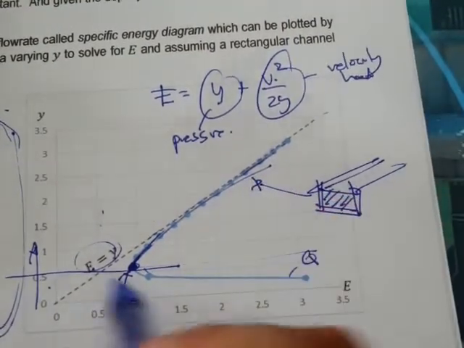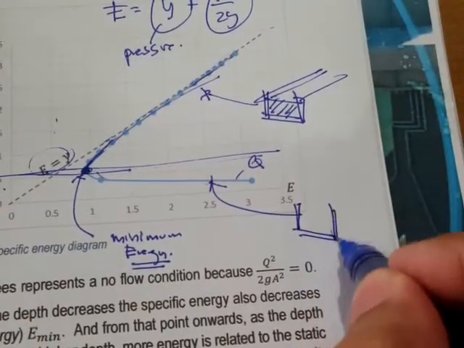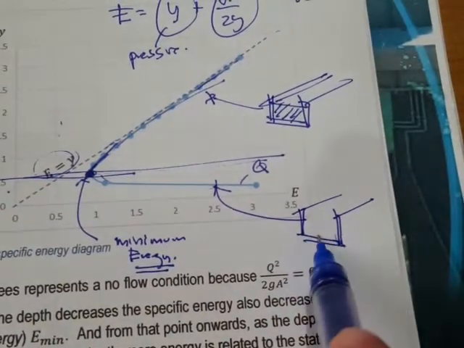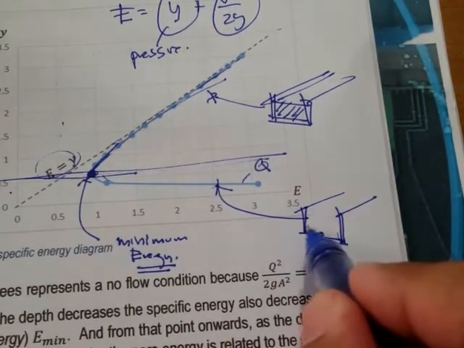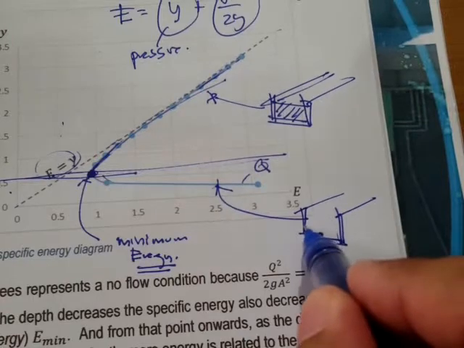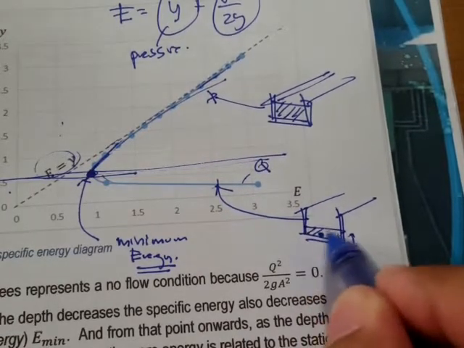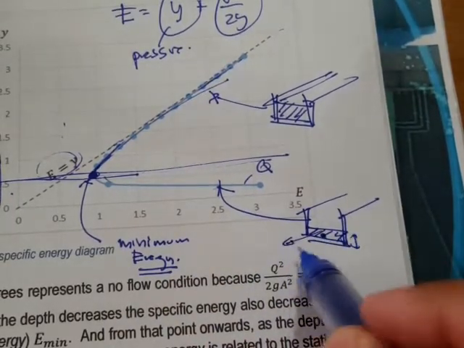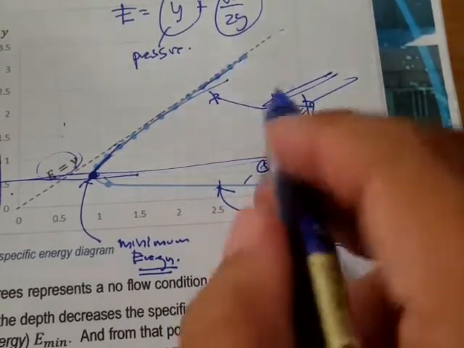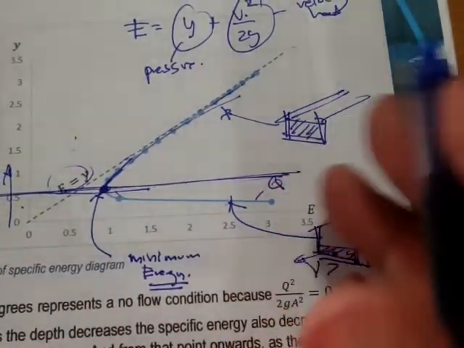That's for this case, and for this case, we have this. Let's say here's our channel. In order to deliver the 3 cubic meters, since we have a shallower depth, then in order to deliver the same flow rate, it has to go faster. So V here is greater than the V right here. Okay, so that's the interpretation.